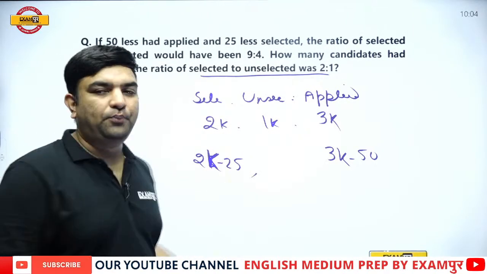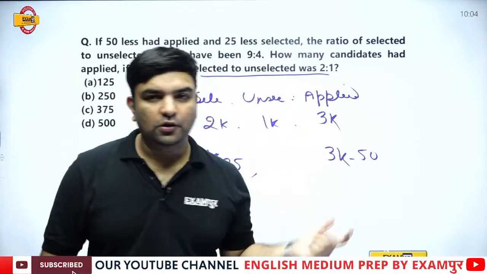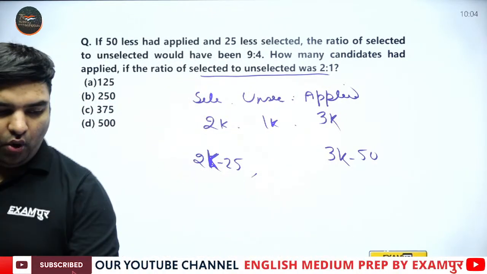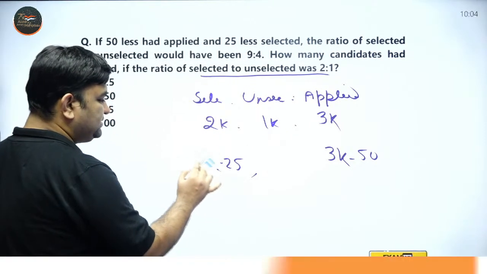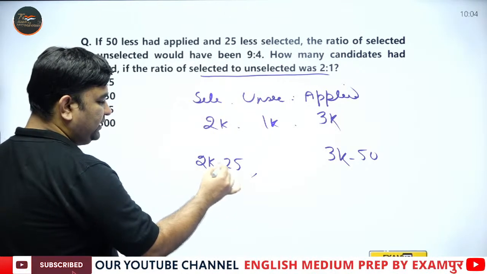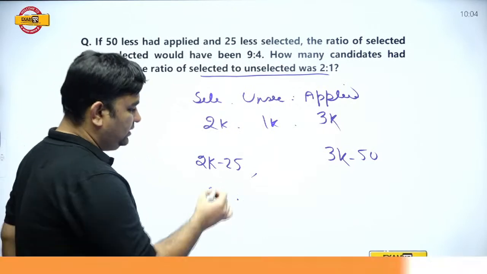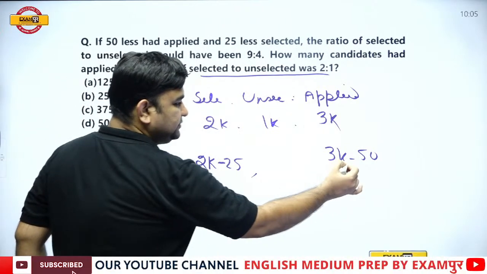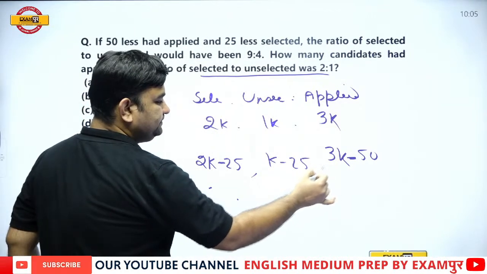Now the first important thing: what is going to be the value of unselected? Come on, do reply to me. At this point, a lot of students make the error. It's minus 25 for selected, minus 50 for applied, so it should be minus 25 for unselected as well.